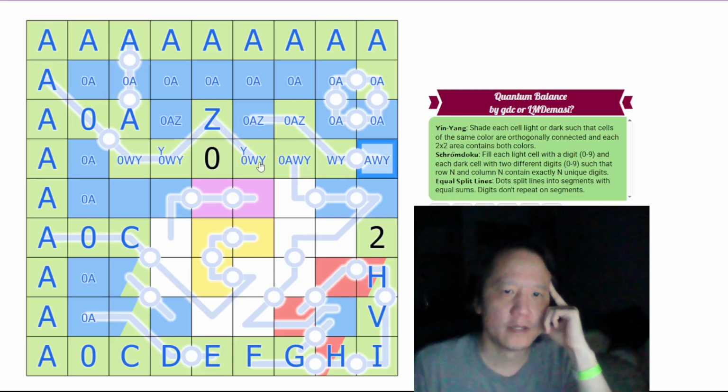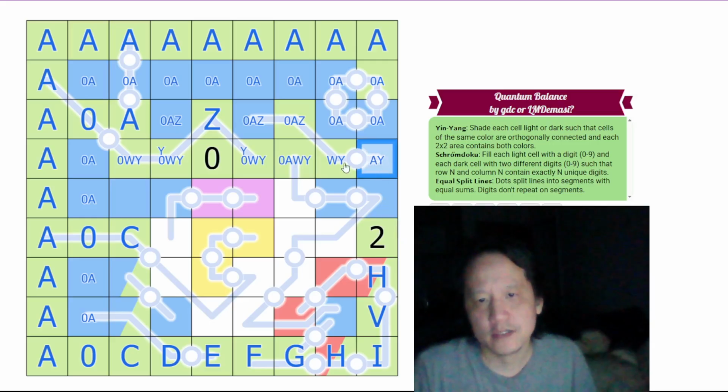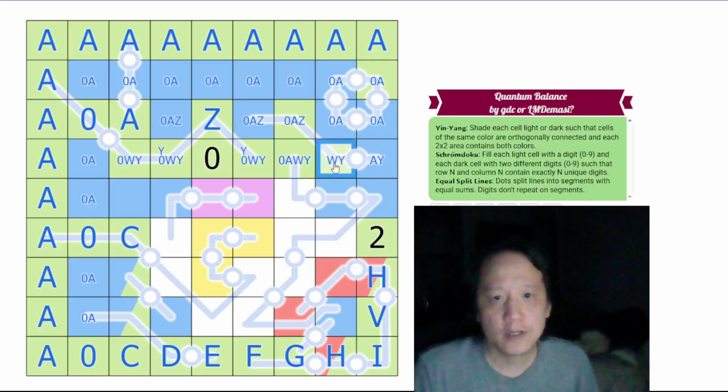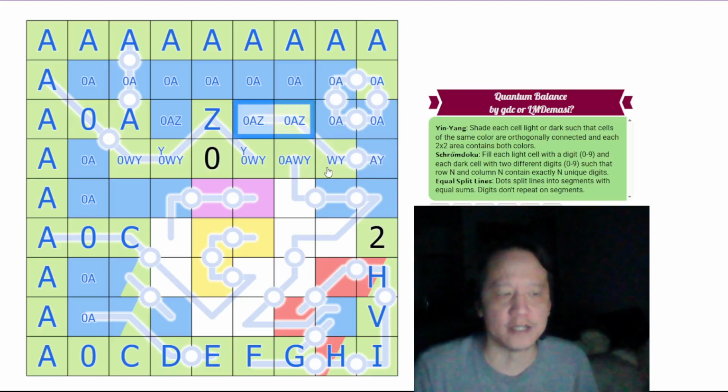So again, Y, W, Y, and Z add up to A. So A is equal to A here. So we have Z and one of them. So let's make this a Y. So we'll make this Y, which means Y cannot equal Y plus Z, which is non-zero. So this has to be W. So we're going to mark that as W then.